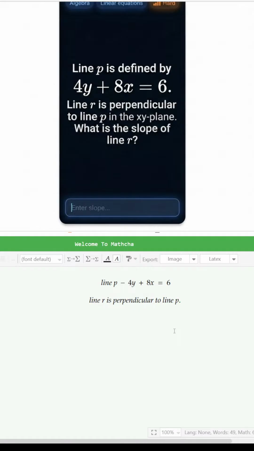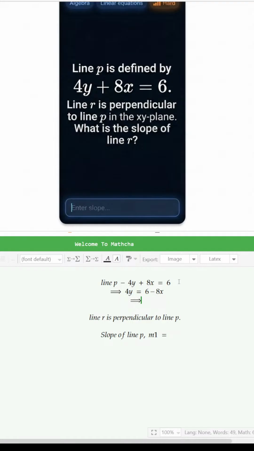Whenever we have to find perpendicular lines, we go for the slope method. Let us first find the slope of line P. Slope of line P, let it be m1, is equal to: we can rewrite this equation as 4y is equal to 6 minus 8x.